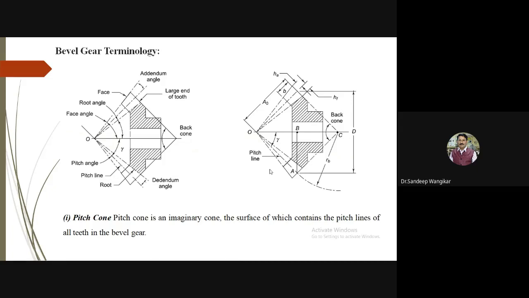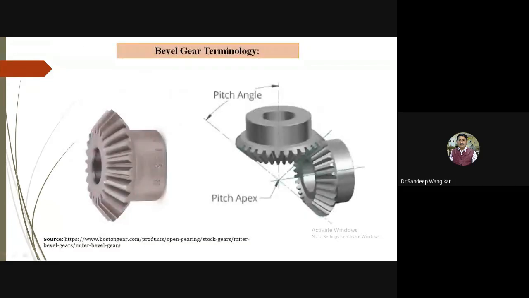A bevel gear is shown. You can see the complete bevel gear terminology is shown. Let me tell you how the bevel gear is imagined. If I refer to the figure, I will highlight it by drawing a center line.